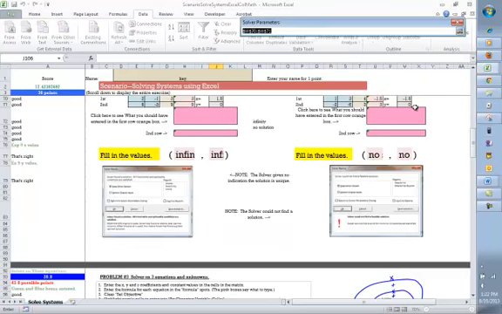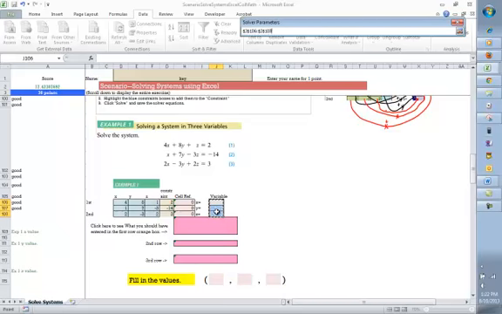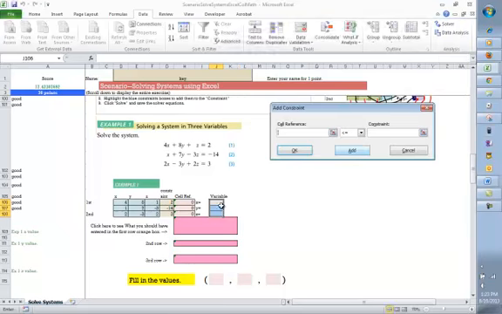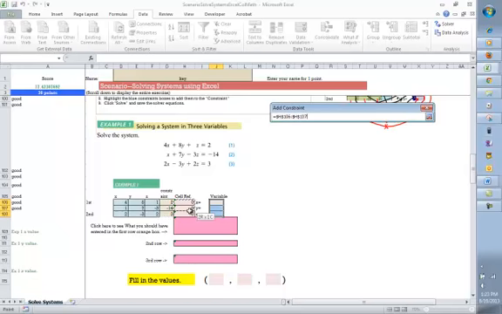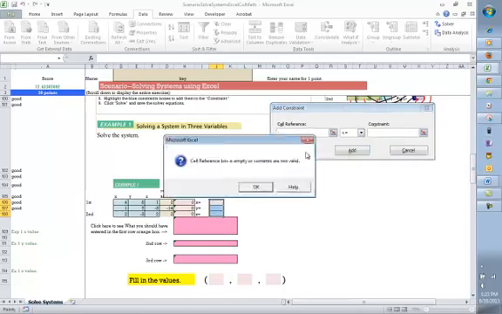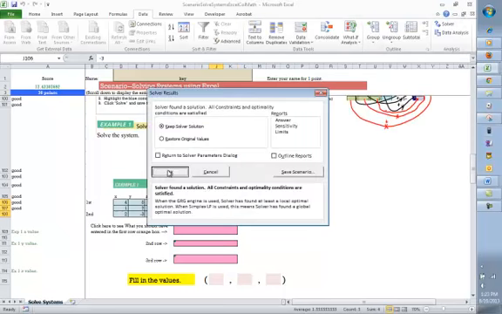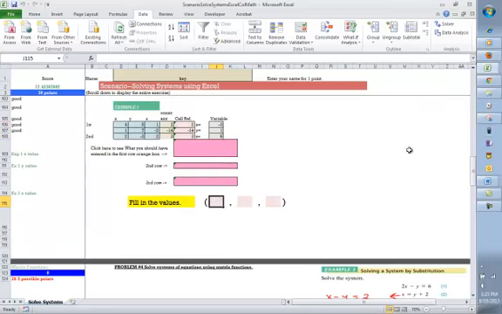Solver, we're going to change the constraints to these three being solved by these three values being equal to the cell references, and we get -3, 1, and 6.